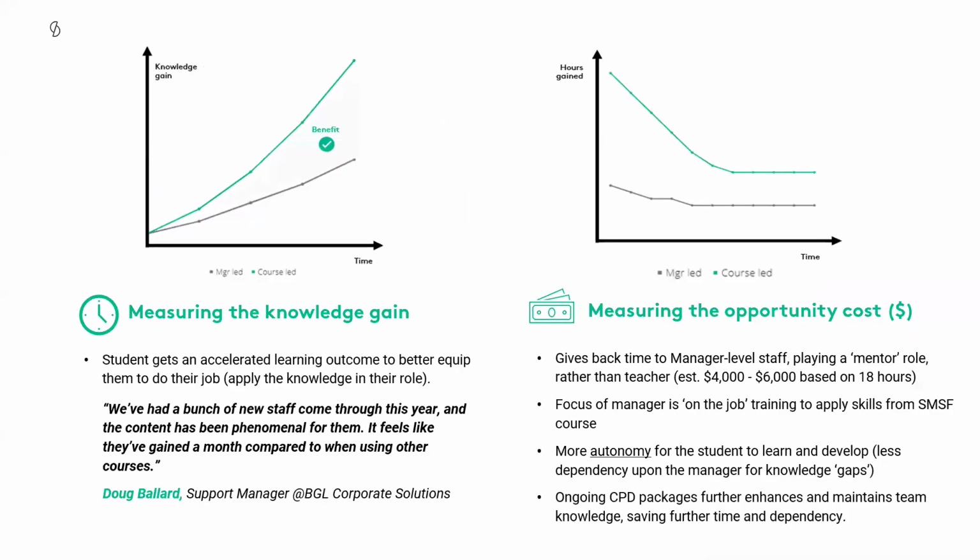Now, this is a really interesting couple of graphs that I wanted to show, because we've done a bit of work around this over the past couple of years, in particular when we launched our original course, which is now the SMSF Essentials course.